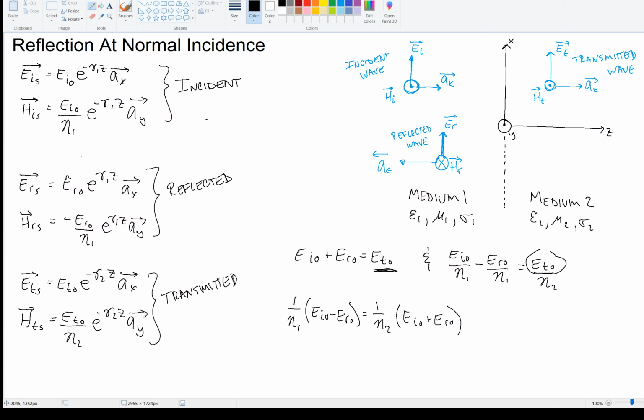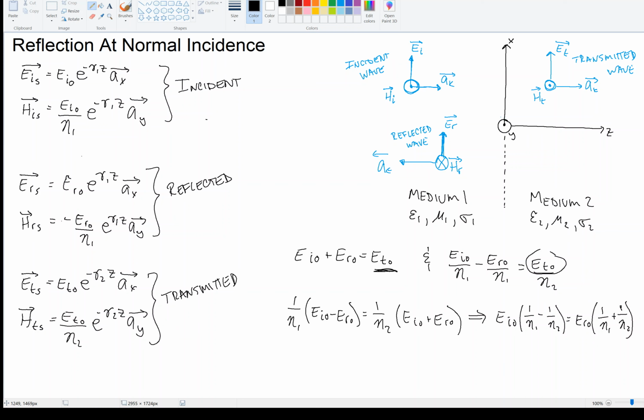Okay, so there's my equation with just the incident and the reflected waves. And if I do a little bit of rearranging, I can get the following: 1 over eta 1 minus 1 over eta 2 equals the reflection times 1 over eta 1 plus, excuse me, 1 over eta 2, like that.